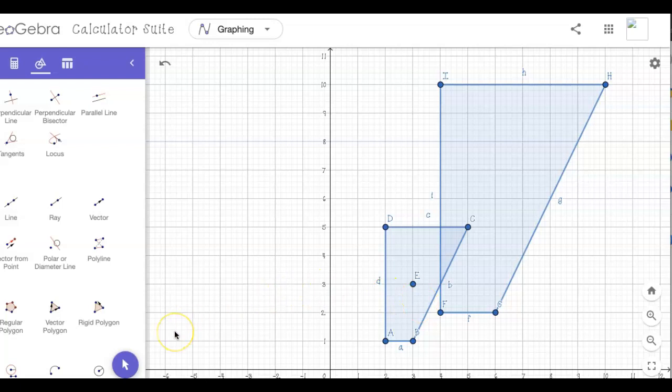So this is what happens when we multiplied all of these coordinates by 2. Not only did it get larger, it also translated. So usually what happens with a dilation is there's a series of transformations that take place. You can also notice that our angles did not change. I still have a right angle here. I have an obtuse angle here.